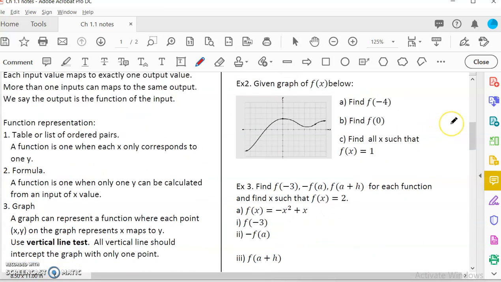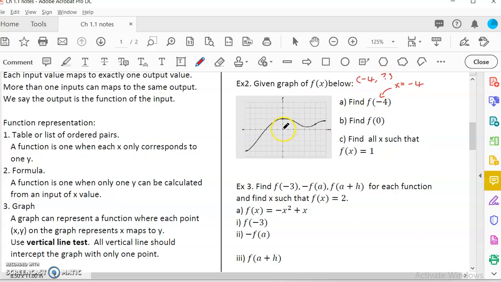Okay. Example 2: we have a graph as a function. We want to find f of -4. That means your x is equal to -4, and in your graph you want to find out what y is, because in the graph, the y component on the line is the y value related by the function.